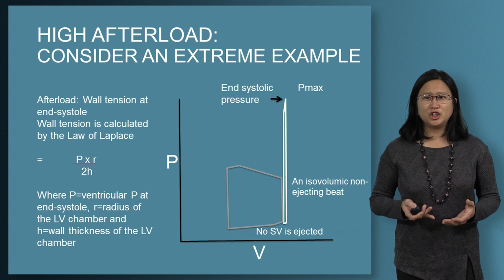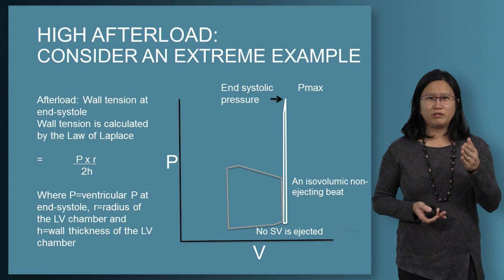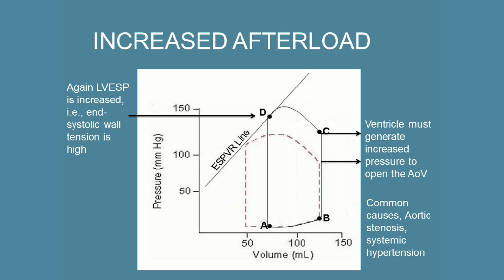So for a non-ejecting or isovolumic beat, that end systolic pressure is very high, which correlates with a very high afterload.